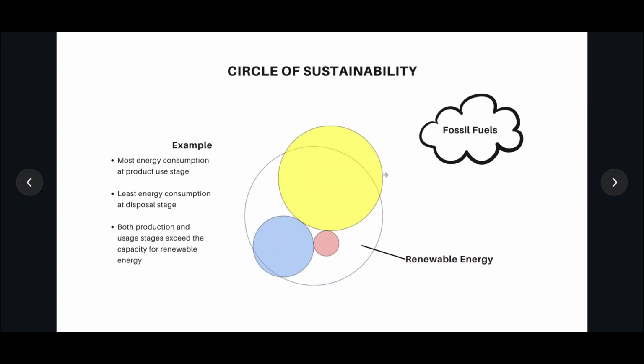So what that means is that they partially use fossil fuels, and whether that's part of the process or whether it's because the available renewable energy capacity cannot support them is something to be assessed on a case-by-case basis, based on the product, based on production companies, etc.